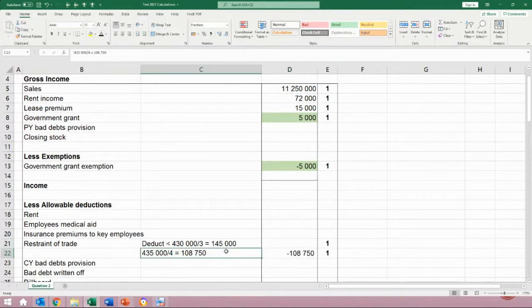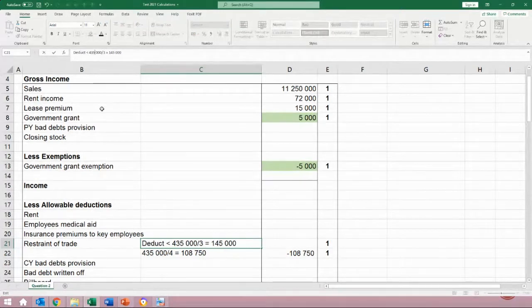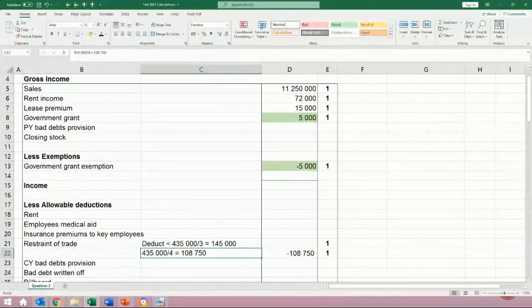Okay, so a mark was assigned for doing the calculations, and then a mark for deducting the lower of the two amounts for your restraint of trade. Sorry, this is 335. Okay, so what happened is a lot of students did not even do this calculation. They just deducted the full amount, and then you would have lost both of these marks.